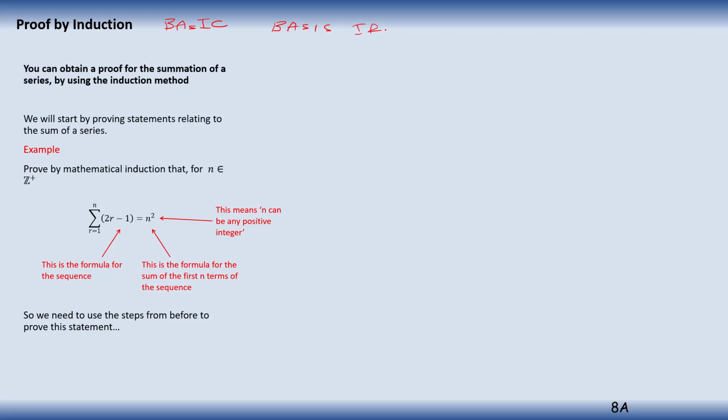So if n is equal to 1, well, then our summation, r equals 1 to 1 of 2r minus 1, is equal to 1 squared. So if we look at our summation, r is equal to 1, so 2 times 1 minus 1 is equal to 1 squared, which is 1, so that means 1 is equal to 1. So the statement is true for n equals 1.